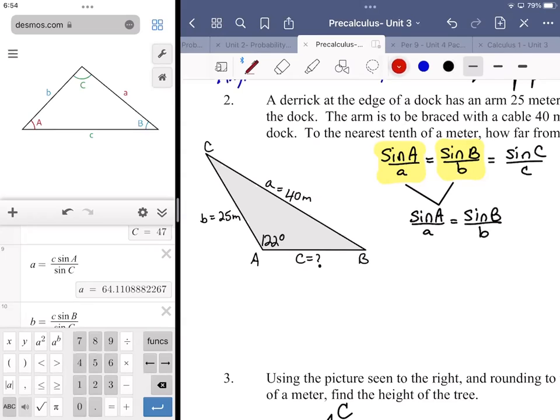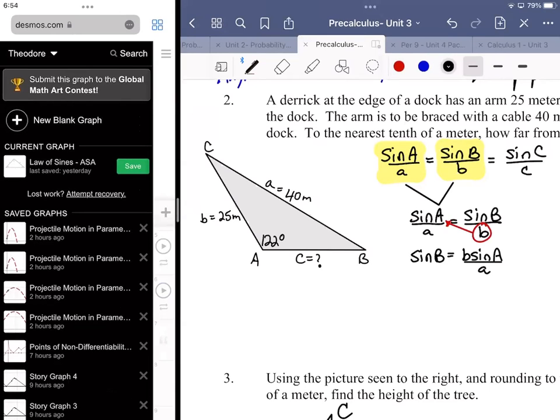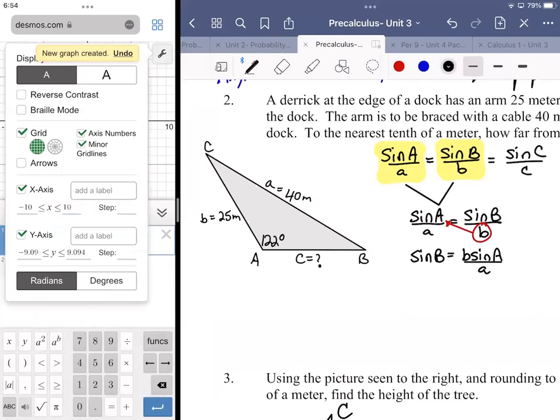But basically what I'm going to do is take this B, save myself some time and energy, and just send it up there with the sine of A. So we would say sine of B is equal to B sine A over A. All right. Then I'm just going to get a fresh new Desmos here in degree mode.